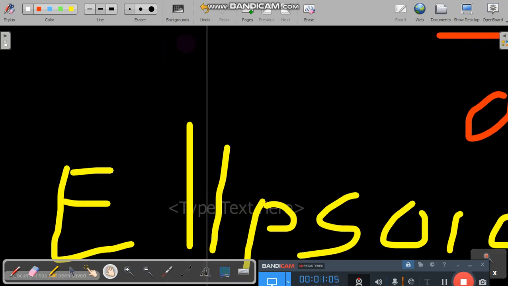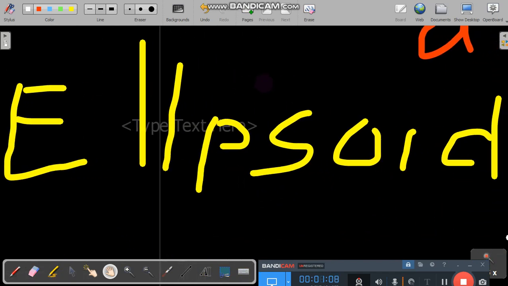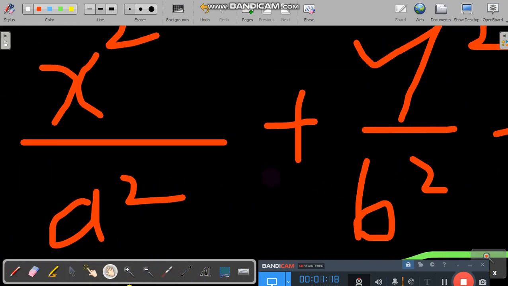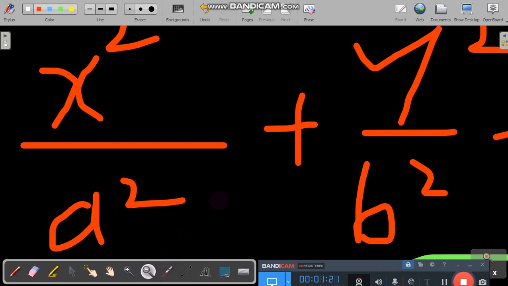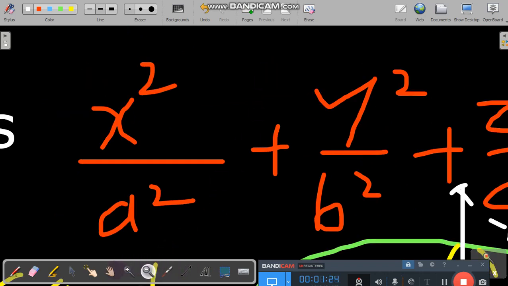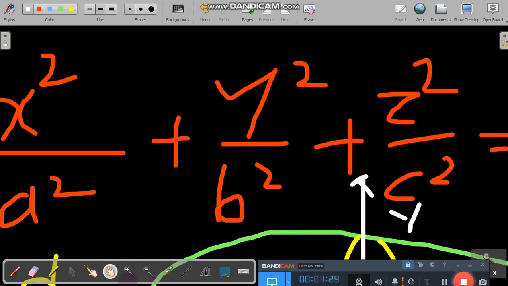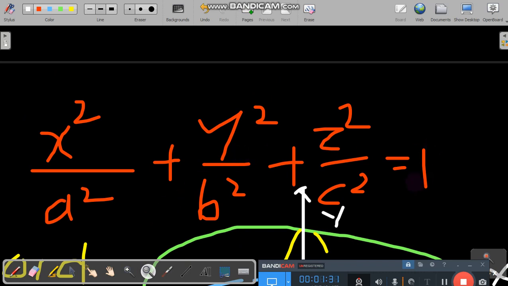Okay, so now look at this. One first example for a quadric is the ellipsoid. Ellipsoid is one type of quadric. Now the equation of this quadric is x squared by a squared plus y squared by b squared plus z squared by c squared equals 1, where a, b, c are constants.